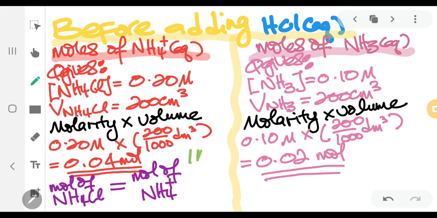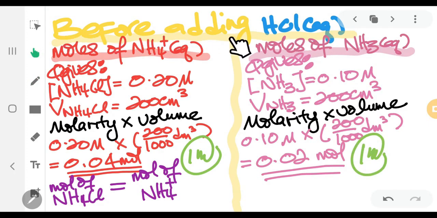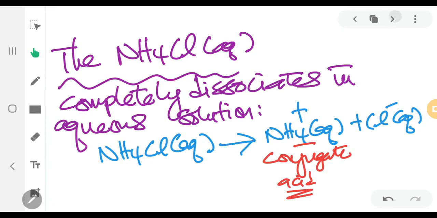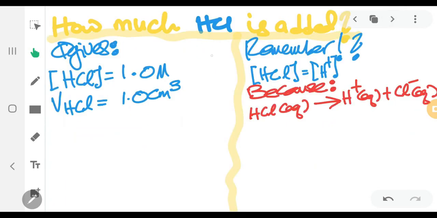Okay, you get 1 mark for here and 1 mark right there. After we have figured out the number of moles of your conjugate acids and then your weak base, now we need to look at how much HCl is being added.